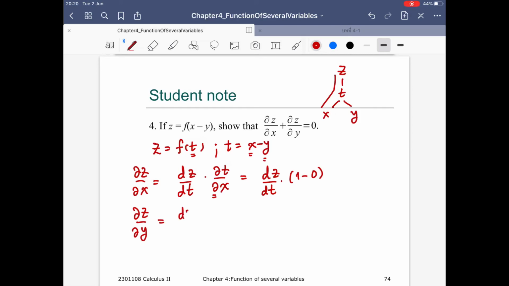It is again dz by dt first, through the t, and then go ahead to find a derivative of t with respect to y. This one got nothing but dz by dt, but here 0 minus 1. So if you add them up, of course we have a positive dz by dt and a negative dz by dt. As you add them up, you got 0.